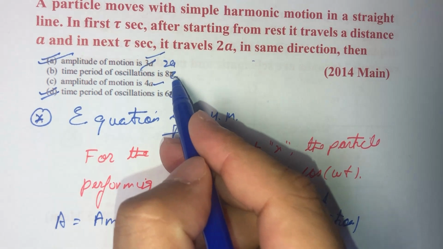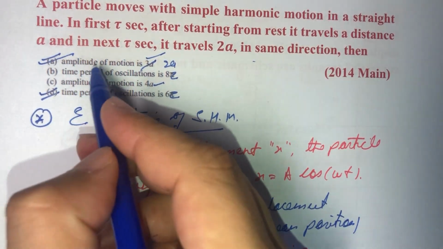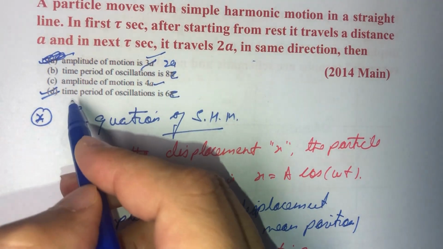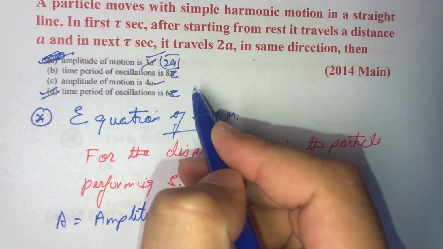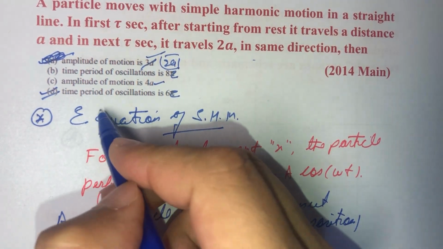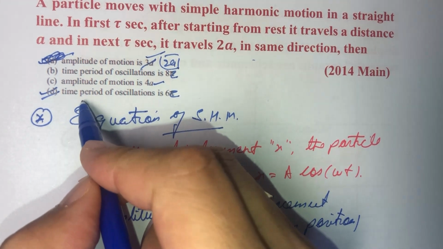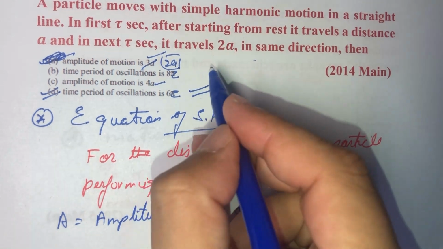It should be 8 tau and 6 tau rather. So the only correct option is D. Because 2a is not given as an option, the correct option is that the time period of oscillation is 6 tau.